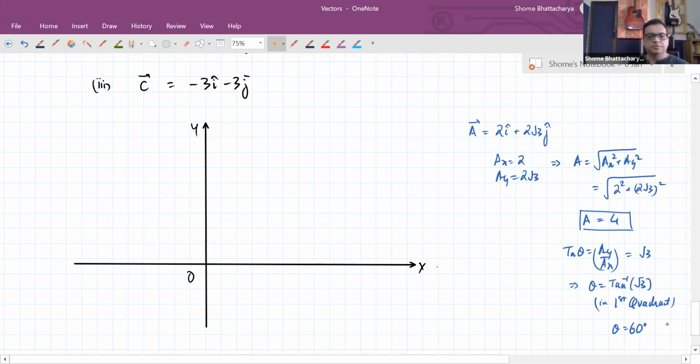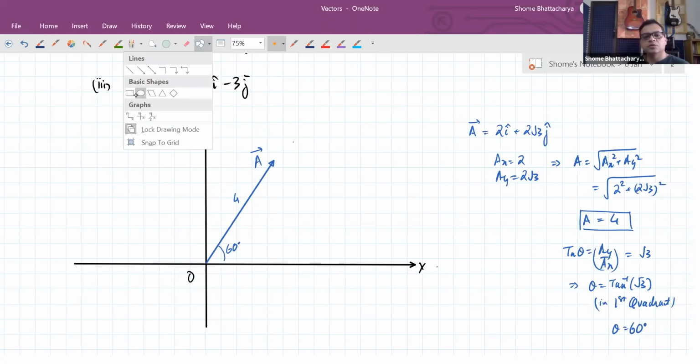So now we know how this vector exactly looks. This vector will be something like this. This is our vector A. Its magnitude is 4 units and its angle with the x-axis is 60 degrees because it is given by this particular formula.